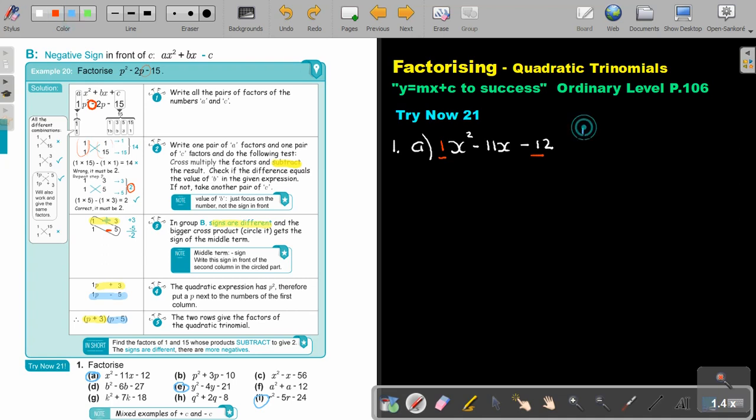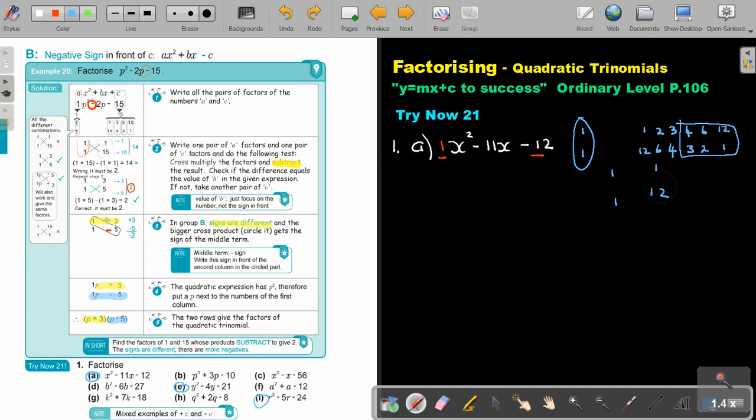So this is going to be 1 and 1, 1 and 12, 2 and 6, 3 and 4, 4 and 3, 6 and 2, and 12 and 1. Now remember, if there is only a 1 and 1, it's not necessary to write the reverse. But if there's more than just one factor, then you must also write the reverse.